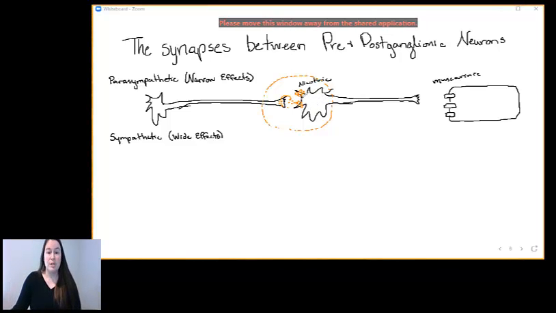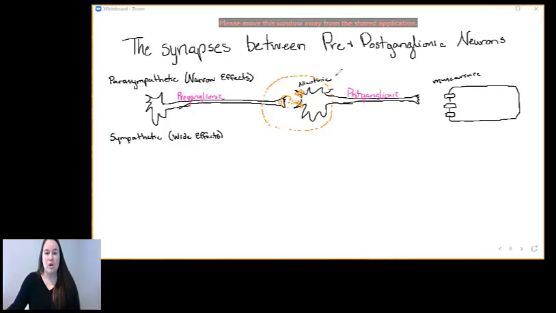Now, what's important to note here is this particular synapse between the preganglionic neuron and the postganglionic neuron. Do we need to write that in? Why not? Wouldn't hurt, right? Let's use a color virtually unheard of, hot pink. Here's my preganglionic, and here is my postganglionic.